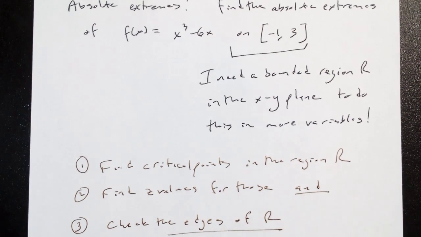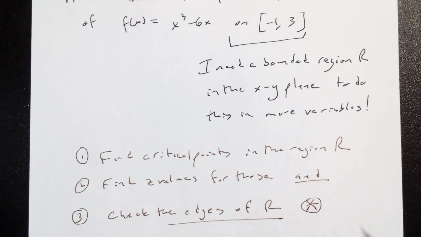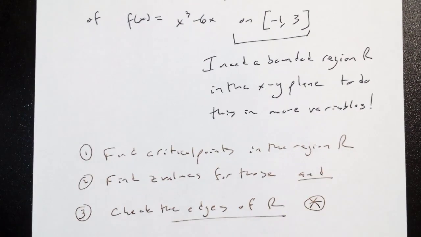I have to check the edges of my region. But checking the edges of my region, that's actually Calc 1. Because each region will be an interval. An example. Otherwise, it's just me flapping my face.